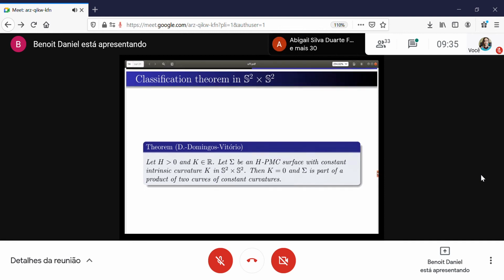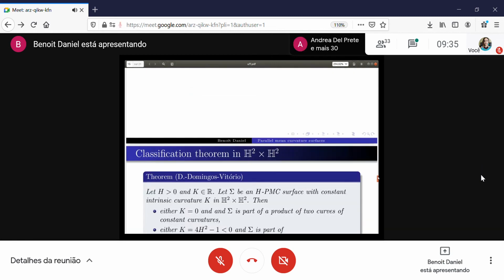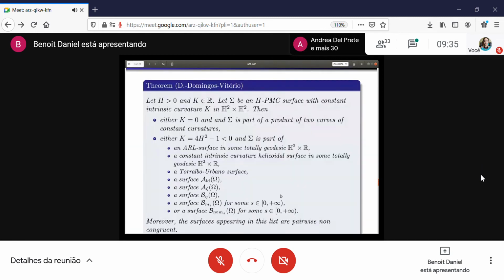But when we are in H2 × H2, we have plenty of new examples. So we have first case, which is k equals 0 and sigma is part of a product of curves of constant curvature, like in S2 × S2. But we have all these exceptional surfaces.